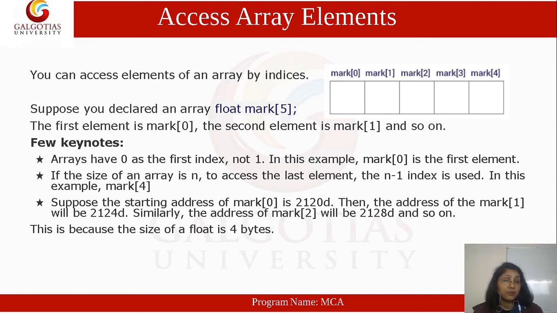So therefore mark[0] is the first element. If the size of an array is n, therefore the last element is n-1. So in this case it is 4, not 5, as the size is 5. Suppose the starting address of mark[0] is 2020, then the address for mark[1] will be 2024, means 4 bytes each.